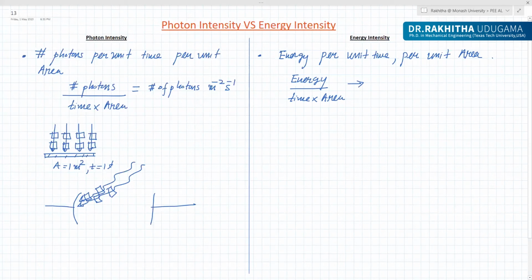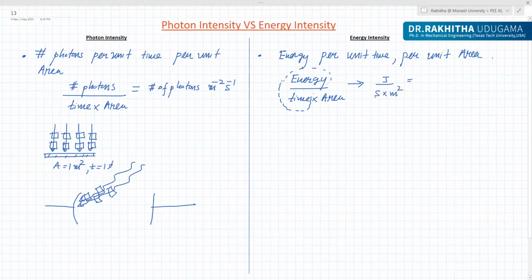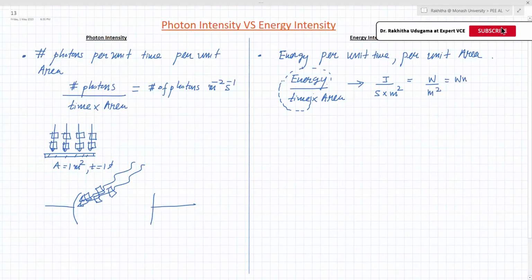Unit wise, energy is in joules, time in seconds, area in meter squared. So this is joule per second, and joule per second is watt. So you can write this as watt per meter squared, or joule per meter squared per second.